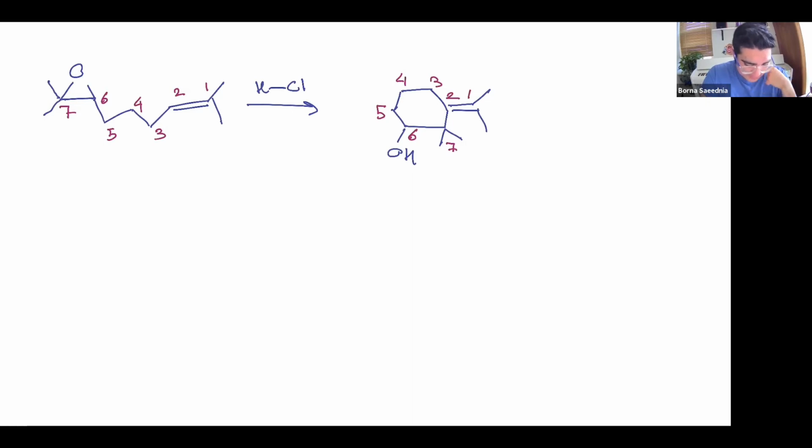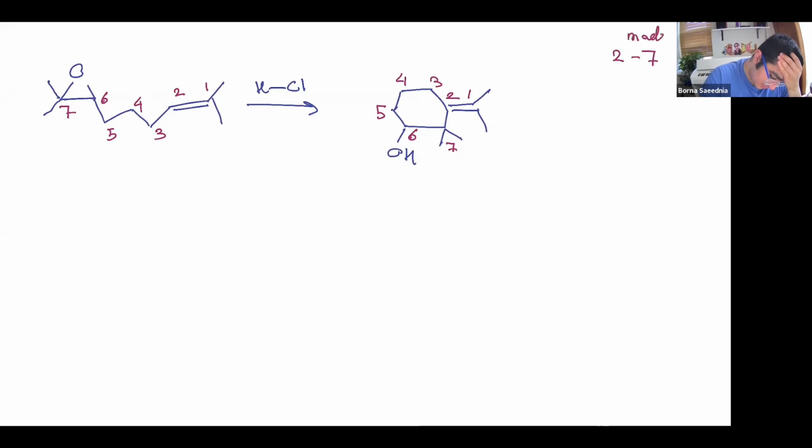Okay, so what has happened is that seemingly the double bond is not touched, and the epoxide has been opened, and a bond between carbon 2 and carbon 7 has been made.